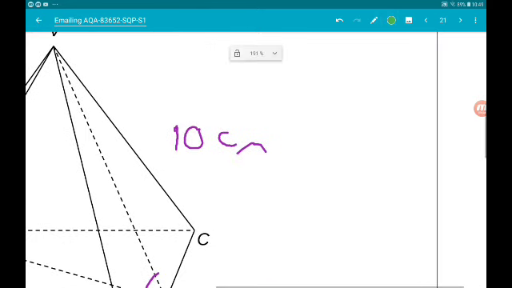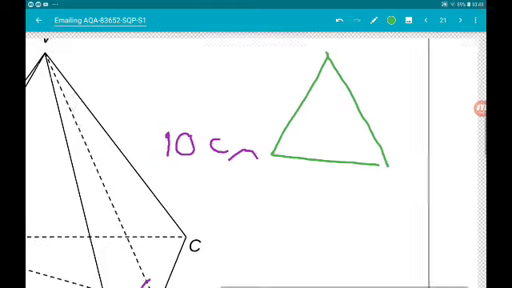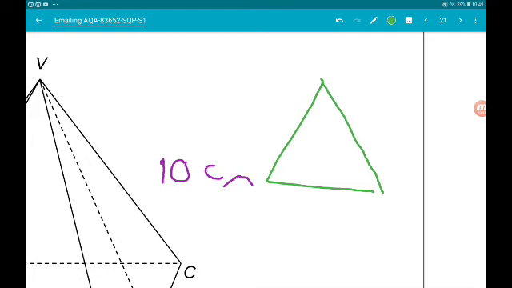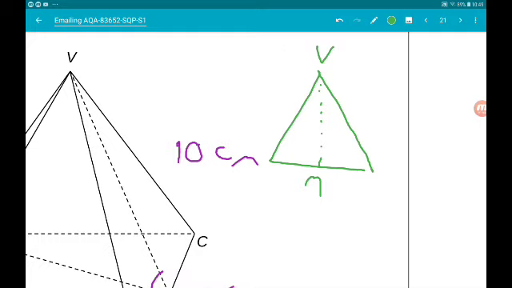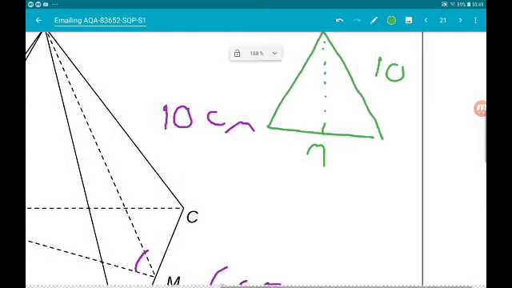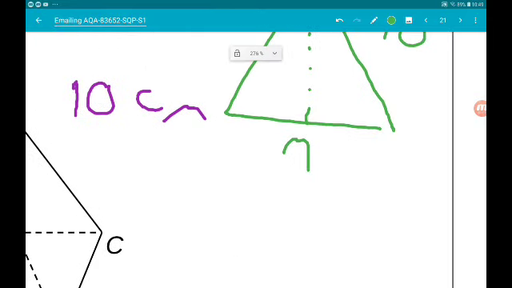So if we make a little sketch here, so this is one of the faces of the pyramid. So if we got V top there, M in the middle there, then we know the slant is 10, and we know that M is the midpoint of BC.